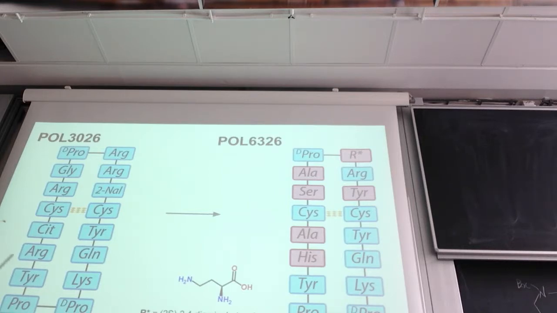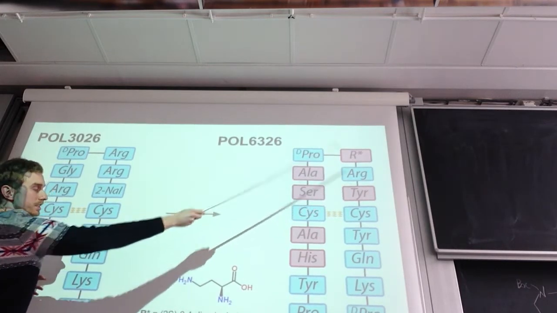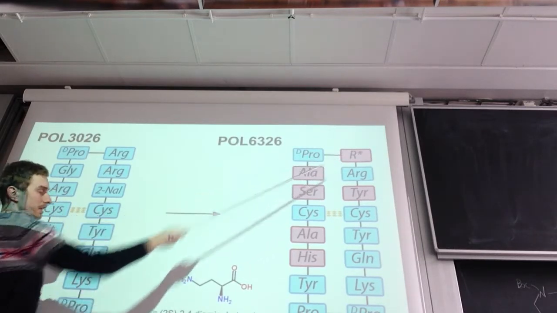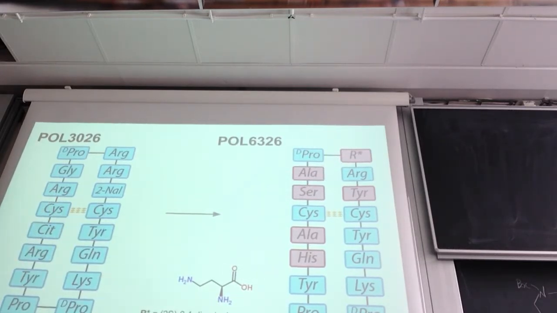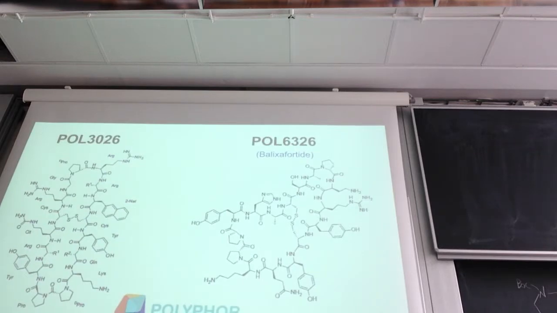Nevertheless, you can see the difference between these 2 potent molecules. A lot of replacements, and now we use 1 uncommon amino acid, that is this one. And these are their structures.